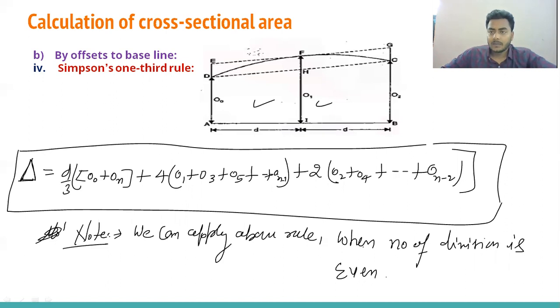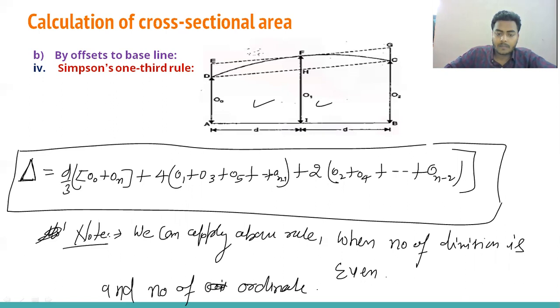For 2 divisions, the number of ordinates is 3, so obviously the number of ordinates is odd. So if the number of divisions is even or the number of ordinates is odd, like 3, 5, 7, 9, 11, we can apply the Simpson rule.